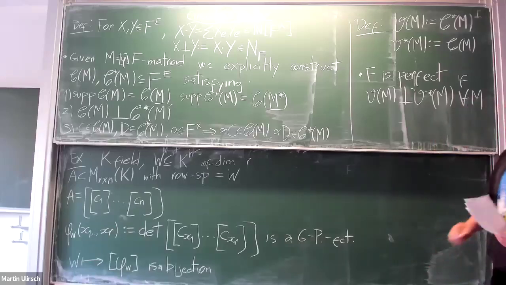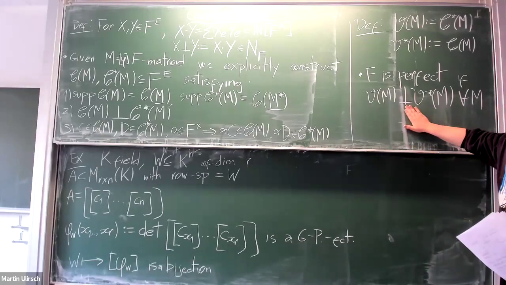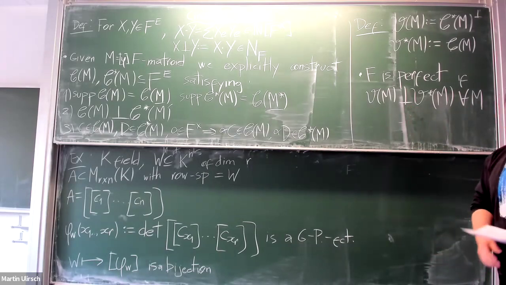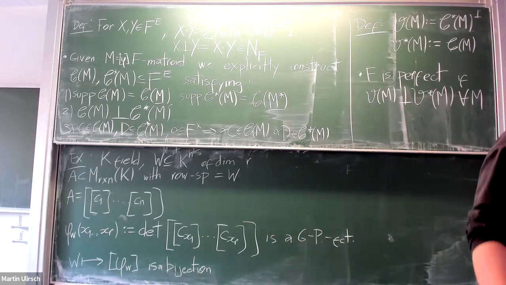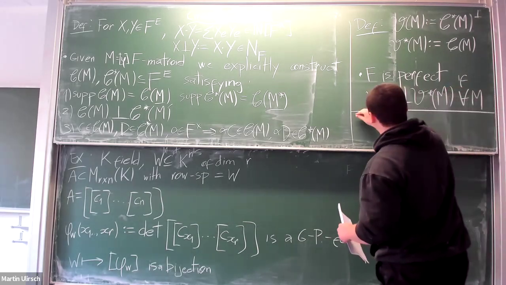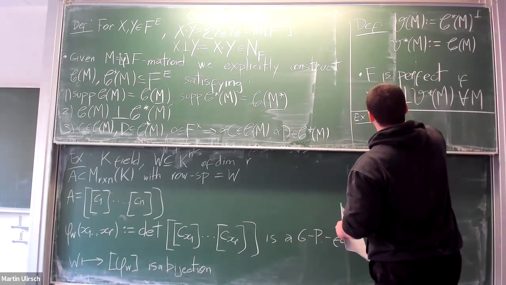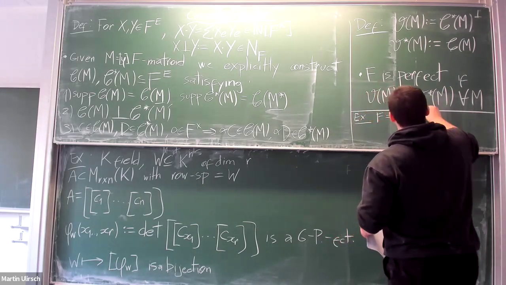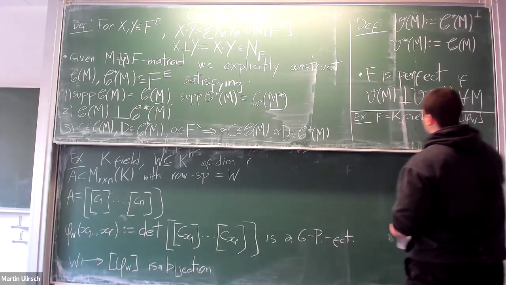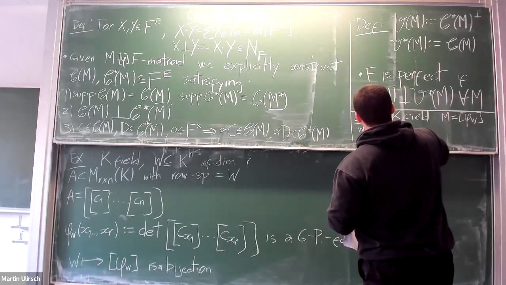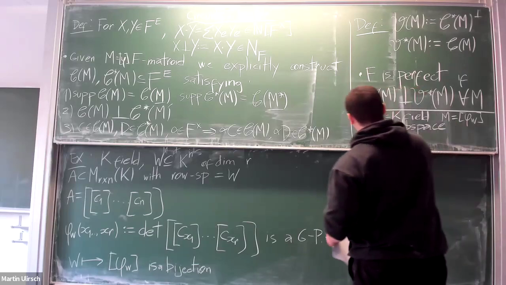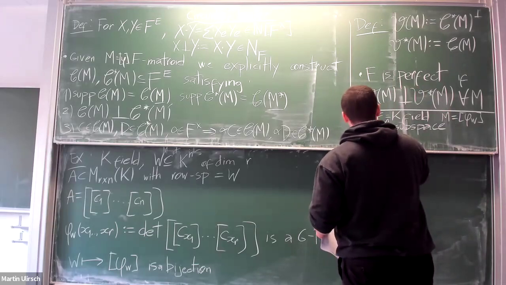Why does this condition matter? Because with this we have nice morphisms. Okay. We have composable morphisms. That's it. Let's start with an important example. And this happens here.